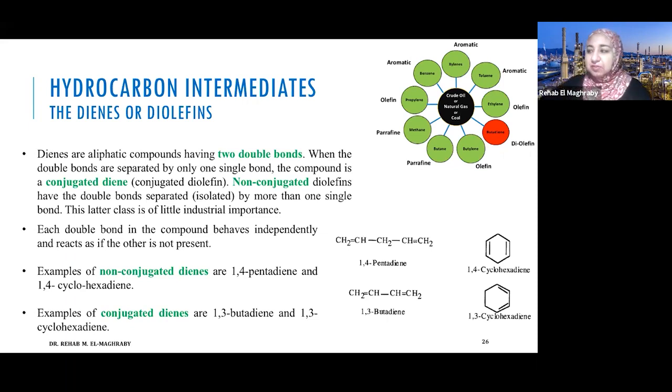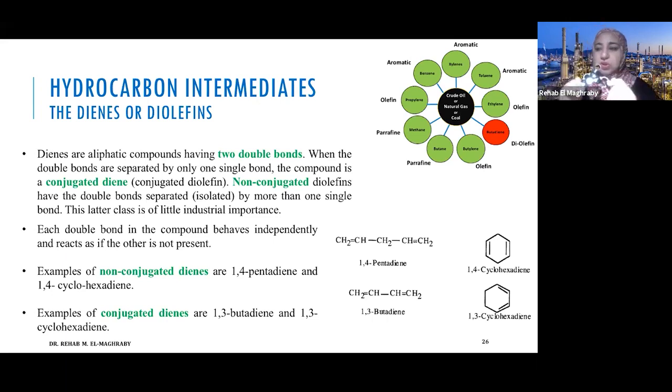For butadiene, it is different. We have two double bonds, here and here, connected together with a single bond. Hopefully you can see what I'm illustrating. So we have four carbon atoms, then a single bond, one double bond here, and the other double bond here.